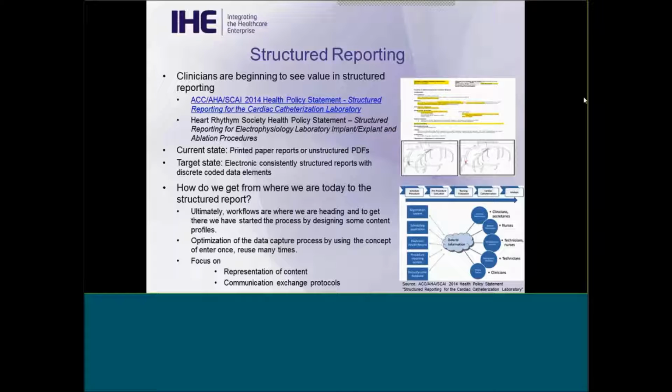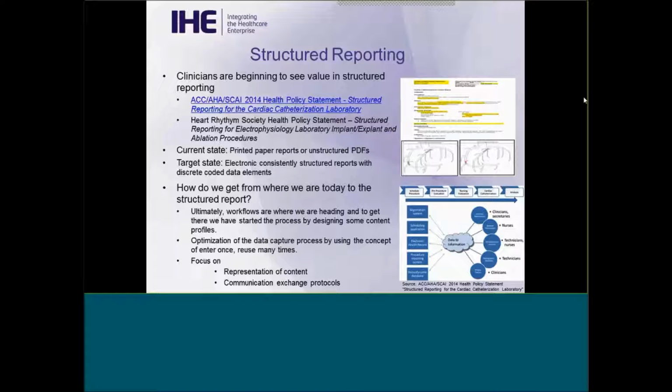And how do we get there from where we are today? Well, there are two aspects to this. Ultimately, we're going to look at the clinical workflows so that we can get a process defined and supported through use of standards to collect all the different information across the care continuum from all these different generators of the data, and make it available through the electronic systems that are used, in a computable format, for other clinicians and other users to have access to as well.